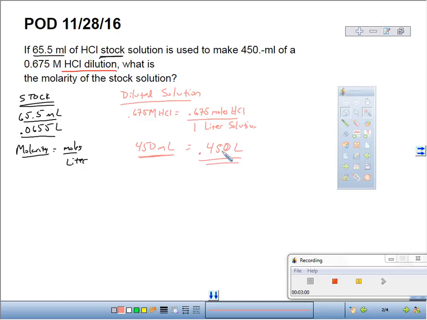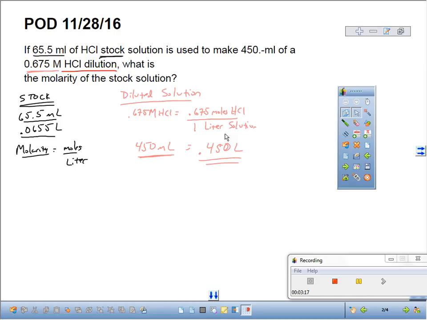Okay, and the other part it gave us is that we want a 0.675 molarity of this HCl dilution. Now what that means is that's not one number, that actually gives us two numbers. It means that it has to be 0.675 moles in 1 liter. So we actually get two numbers from that, and that'll be kind of important.